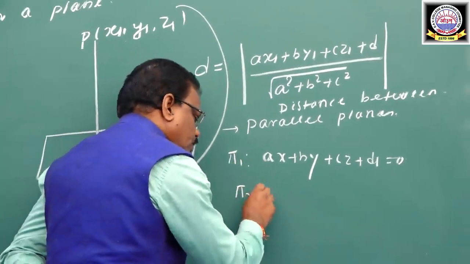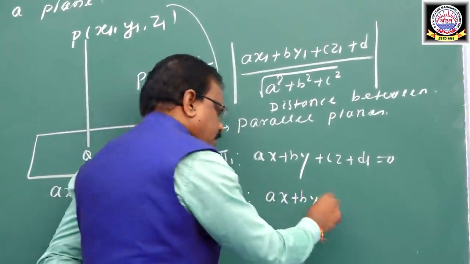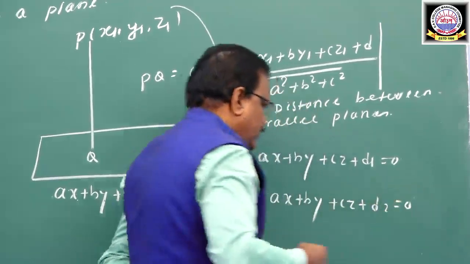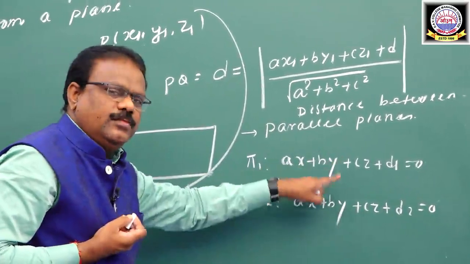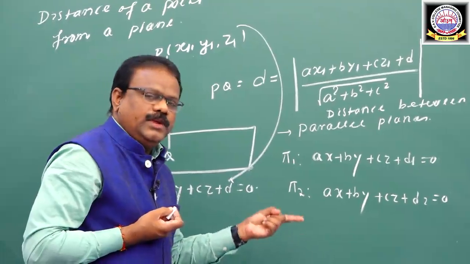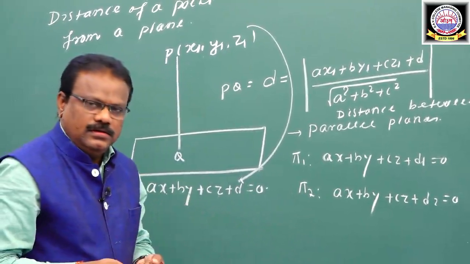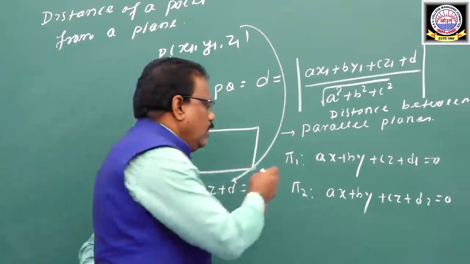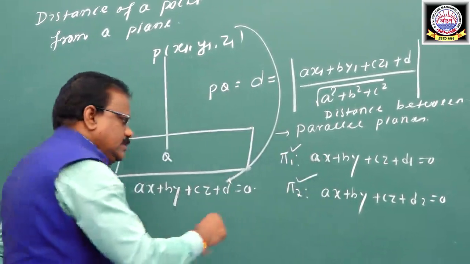Similarly pi 2: ax plus by plus cz plus d2 equals 0. The coefficients of x, y, z in both planes are the same, which means the perpendicular vectors to the planes are equal, so they are parallel. Automatically the two planes will be parallel. And what will be the distance between them?